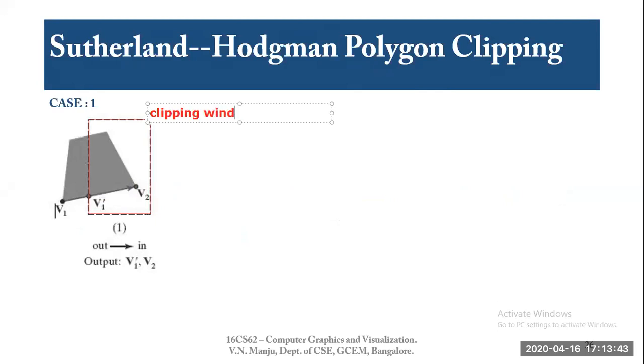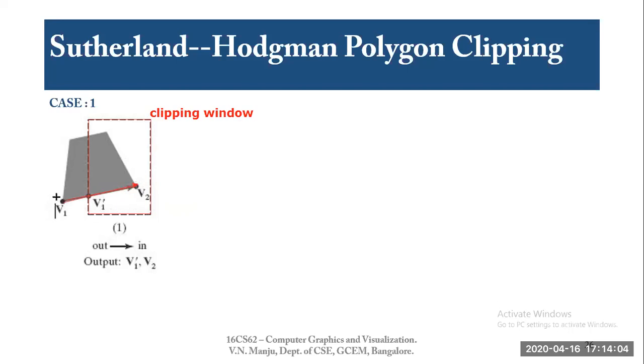Now here we have vertices V1 and V2. You can see these vertices. See here, it goes from here till here. The line goes from this direction to this direction. So I can say that the line is going from outside to inside.